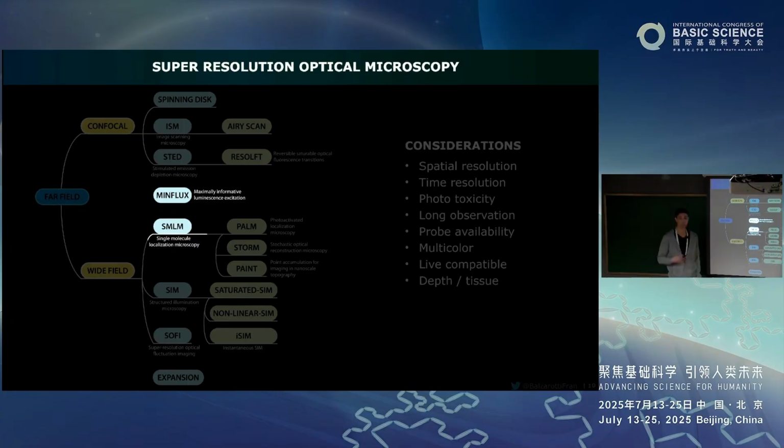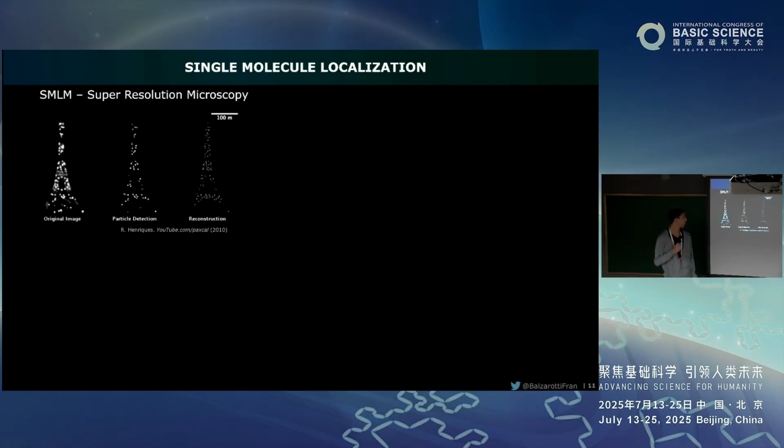I'm going to be mentioning single molecule localization microscopy and MINFLUX, which is a localization strategy. A note on single molecule localization microscopy. To make images, you get some label on your sample, and you produce stochastic blinking, such that you can have sparse emission of light from molecules that are very far away from each other.